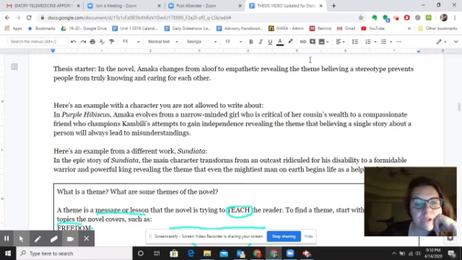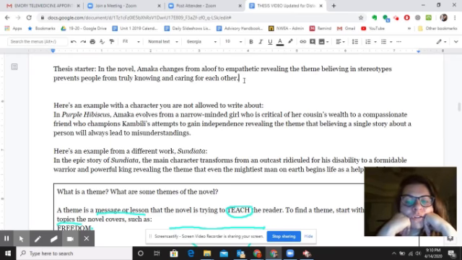Okay, let me read this back over. In the novel, Amaka changes from aloof to empathetic, revealing the theme that believing in, maybe instead of a stereotype, believing in stereotypes prevents people from truly knowing and caring for each other.